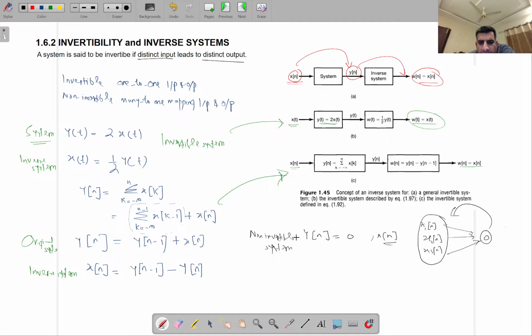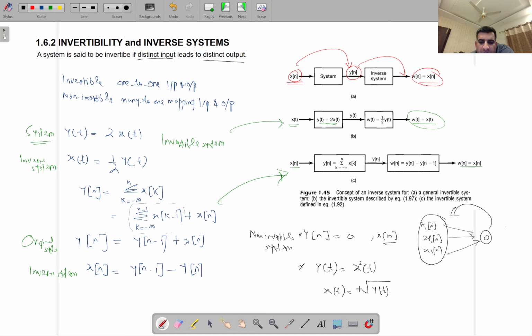Let's take a look at another example. The other example is y of t is equal to x square t. Okay, so when we try to write the inverse system, it is going to be equal to x of t equals the square root of y of t.